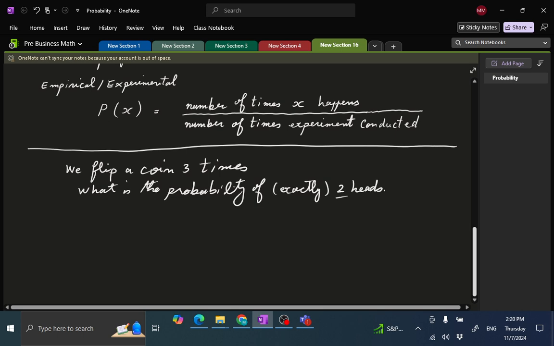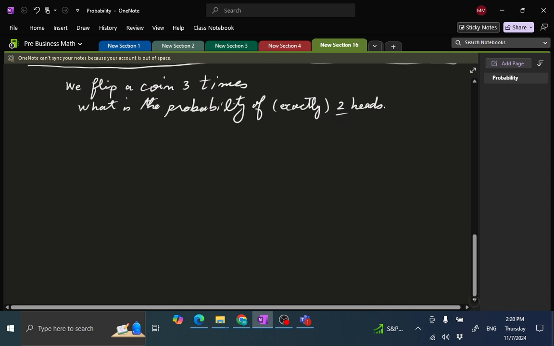When we say 2 heads, somebody might wonder, if it comes out heads 3 times, is that good enough or not? To make the matter clear, we say exactly 2 heads, so it means 2 heads and 1 tail.